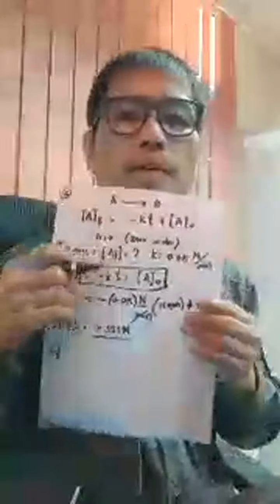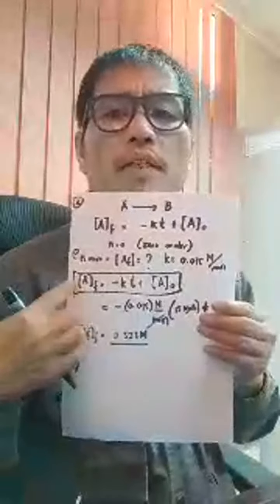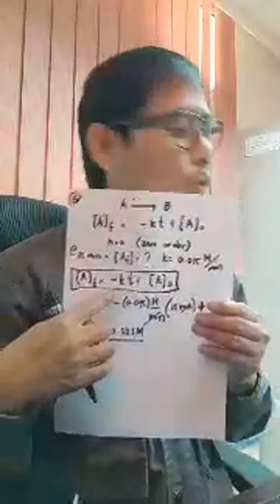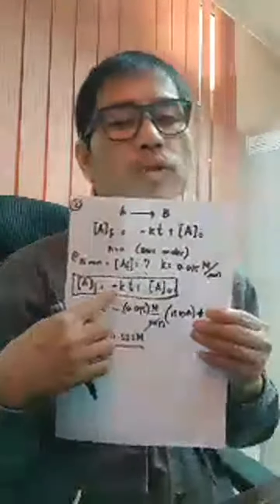Second, how long will it take for the concentration to be reduced? In letter B, time. We use the same equation, but we need to compute the time for letter B. Use the same equation and compute for the time and substitute the values, since we have reduced to 0.06 molar.